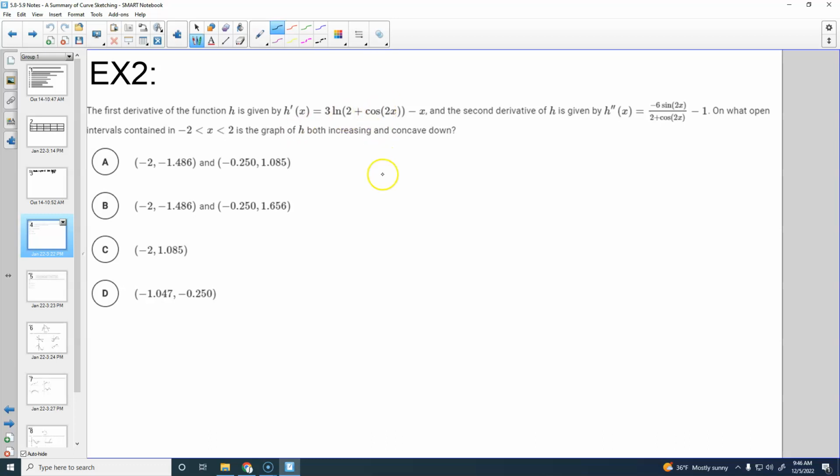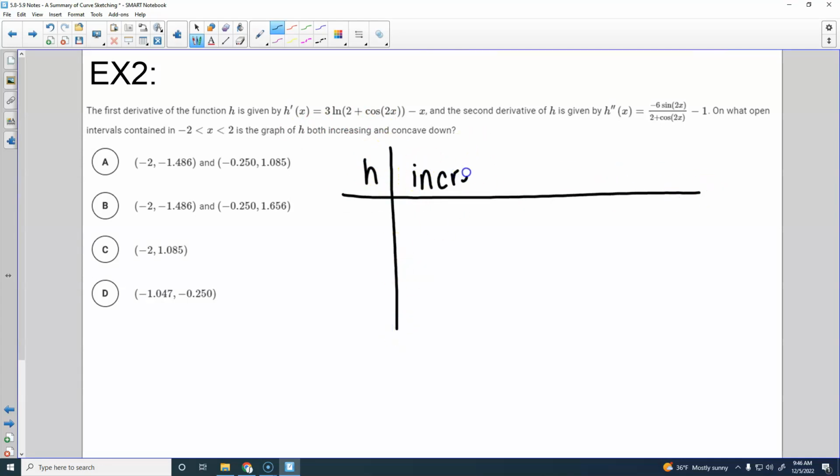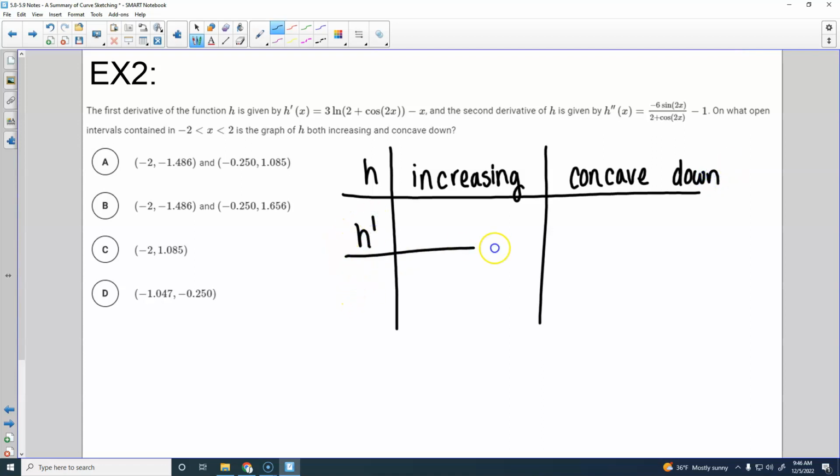So, if I know that H is increasing and concave down, this is going to be much like what we have filled in.